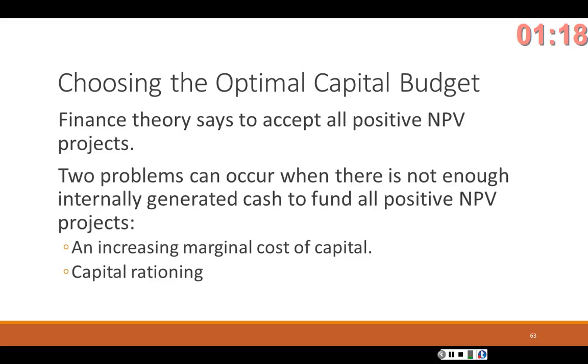So finance theory says to always accept positive net present value projects. 2 problems can occur when there isn't enough internally generated cash to fund all positive net present value projects. We can have an increasing marginal cost of capital, or we can face capital rationing.